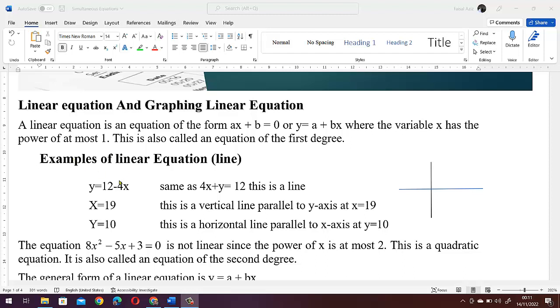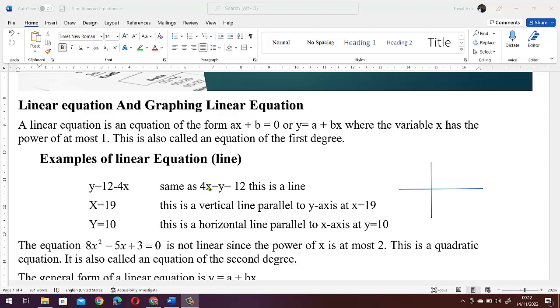So here you can see we have some examples of linear equation. Like this equation we have y is equals to 12 minus 4x, or we can write this equation as 4x plus y equal to 12. So this is a linear equation. It shows a line. We can plot a graph of this linear equation by obtaining 2 points.